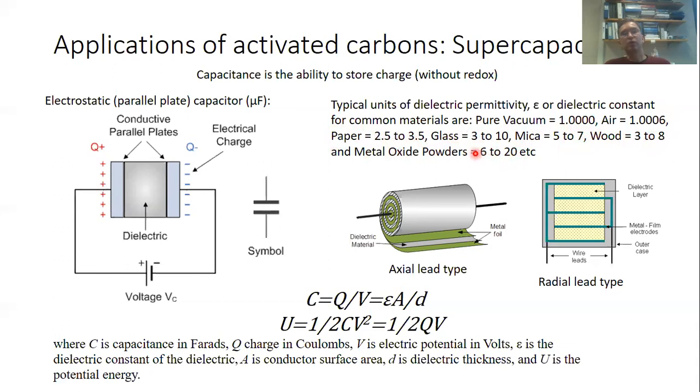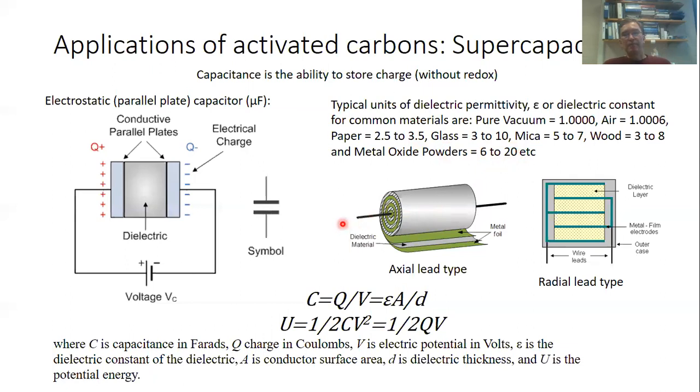So generally, if you wanted to produce an electrostatic or parallel plate capacitor with a high capacitance, you would choose a dielectric which has a dielectric constant as high as possible, yet remain electrically insulated.